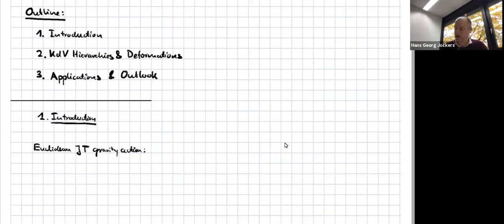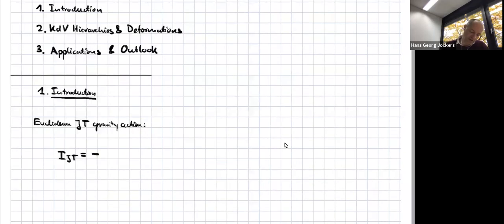There are a bunch of terms that I will spell out, and others that I will not spell out. But the important term is this term, where you have almost like an Einstein-Hilbert term, but the additional ingredient is that you also have in this theory a scalar field, which couples linearly to the scalar curvature R.